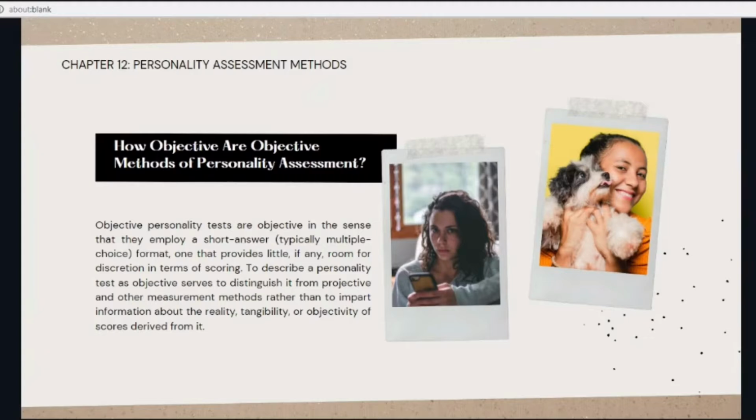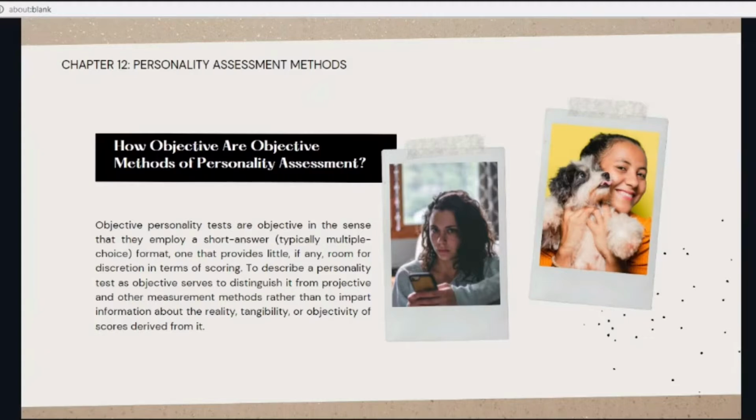However, it is still an issue to use the adjective objective on a self-report test since the test taker would be choosing what they agree or disagree with, or what they do or do not do, and so on. But the term objective was only used as a description for the format of the test, and it is called objective because it only has short answers in a multiple choice format.